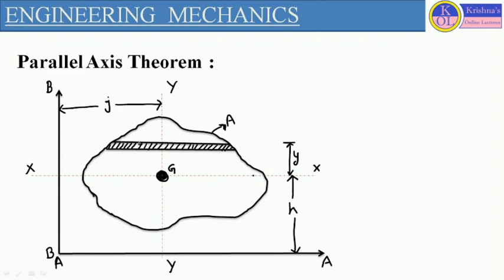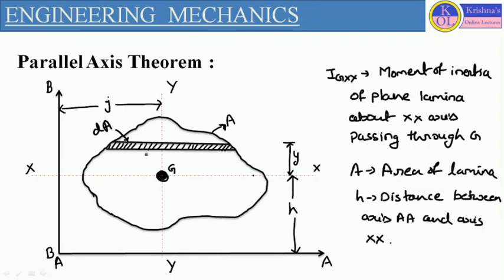Now here let us consider one small elemental lamina of this plane area A, which is having area dA. So here we will consider the distance between this small elemental lamina and the x-axis, or center point G, as y. This y is representing the distance between the x-axis and this small elemental lamina.